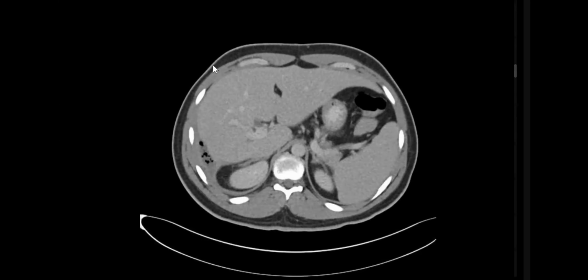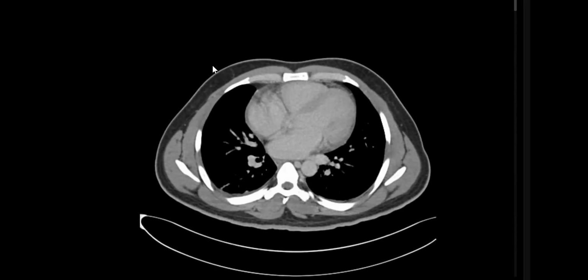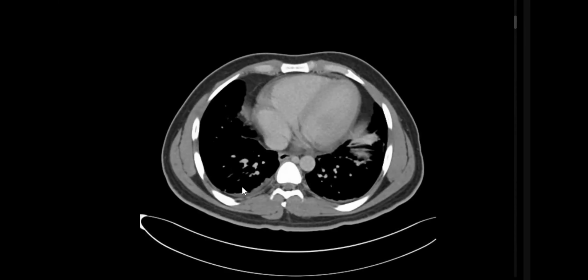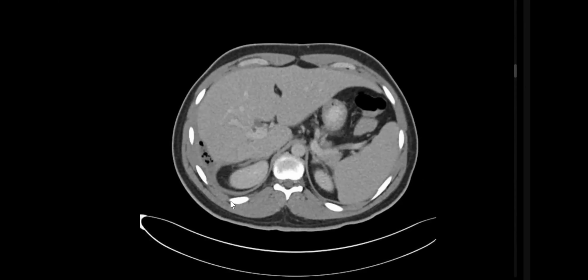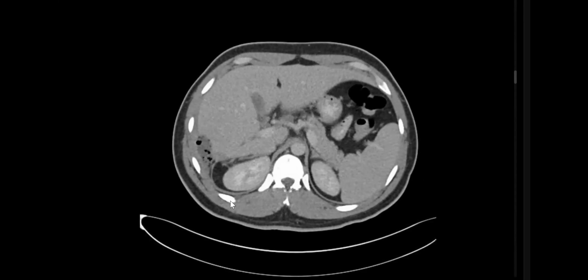In this case, after a couple of days on follow-up, the patient deteriorated. So this is the CT scan of the same patient after a few days. Now I can appreciate a mild right-sided pleural effusion.